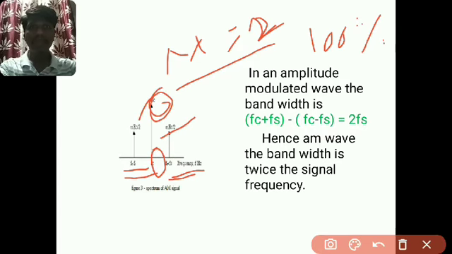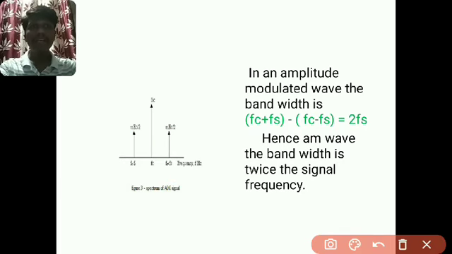Ec is the carrier, M Ec divided by 2 is the upper sideband, and M Ec divided by 2 is the lower sideband. The distance between the two sideband frequencies is known as the bandwidth: fc plus fs minus (fc minus fs) is equal to 2fs.